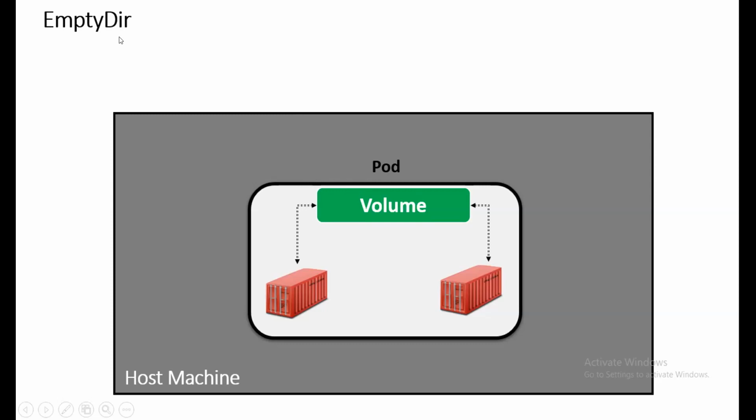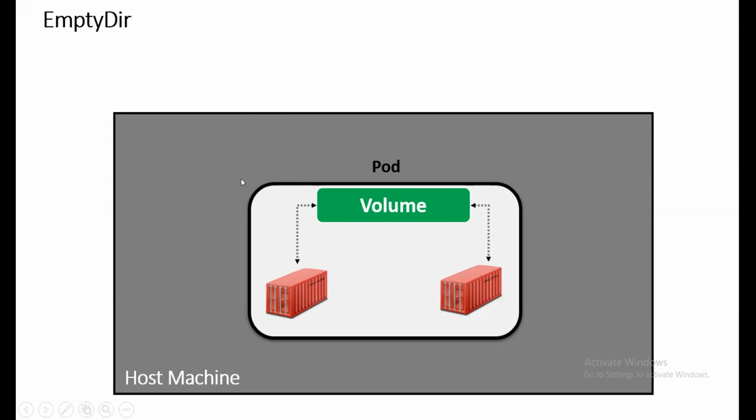So all the containers share the same volume. If you create a pod with a volume of the type emptyDir, the containers within the pod can share among them. If you put something in one container, that will go to the volume, and from the volume it will be accessible to another container. But this is within the pod.